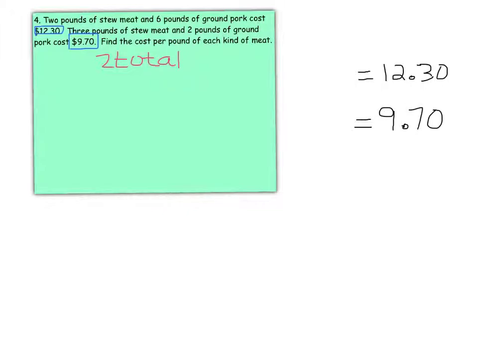All right, so let's look at what they say about $12.30. They say 2 pounds of stew meat and 6 pounds of ground pork. So we're talking about stew meat and pork. So we have two things that we're talking about. Two things make a system.